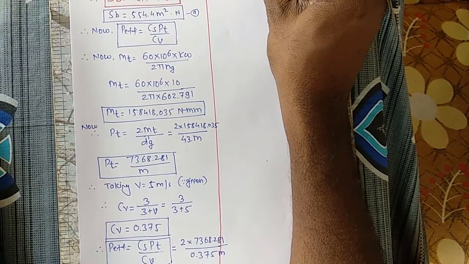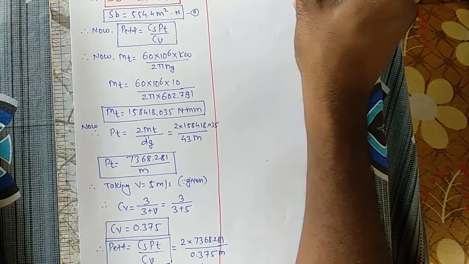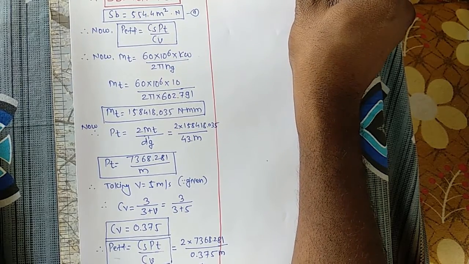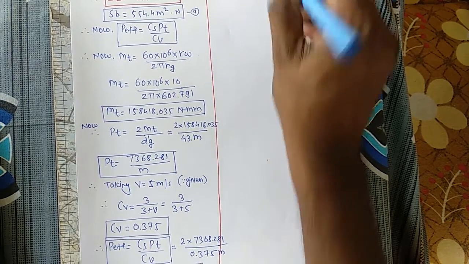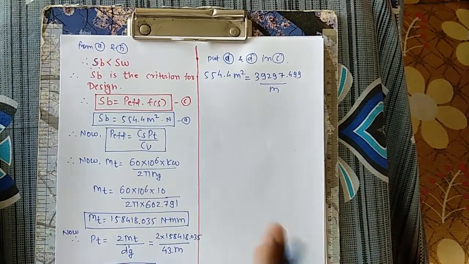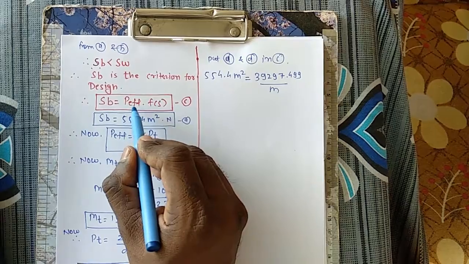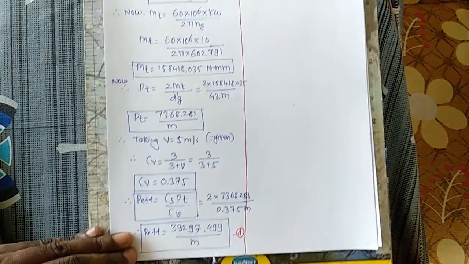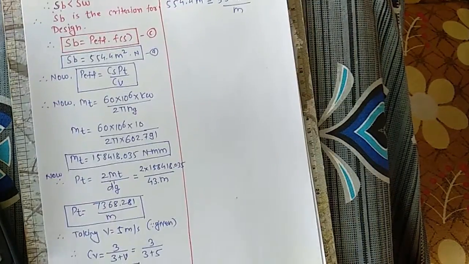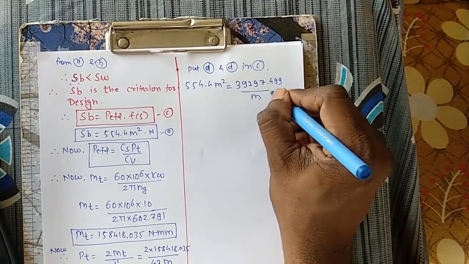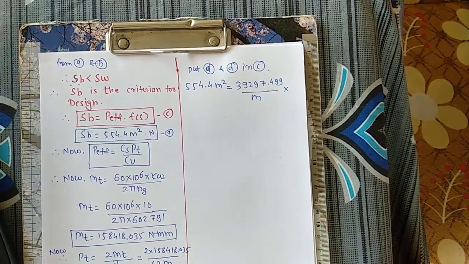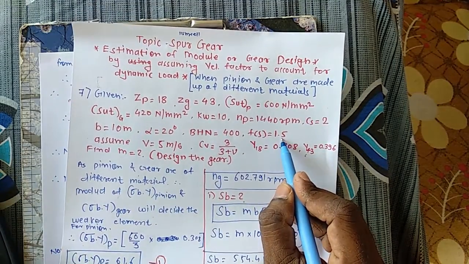That is the value of P effective which we have calculated in equation D, into the factor of safety, which is given as 1.5 in the problem.